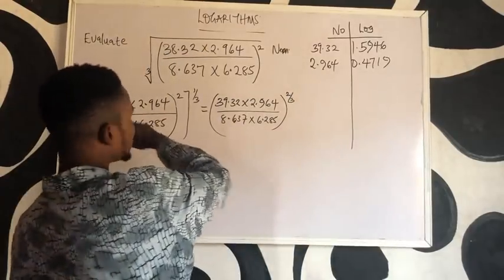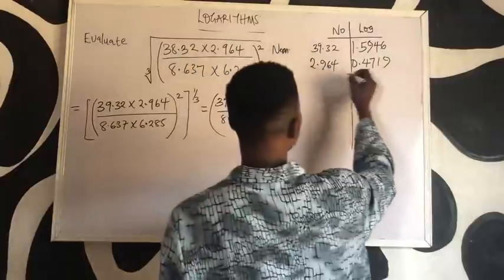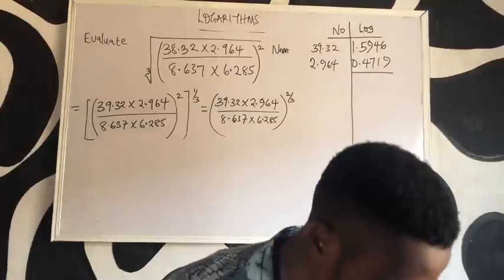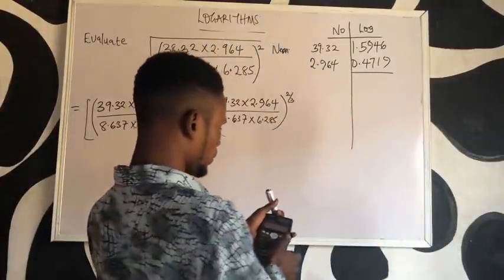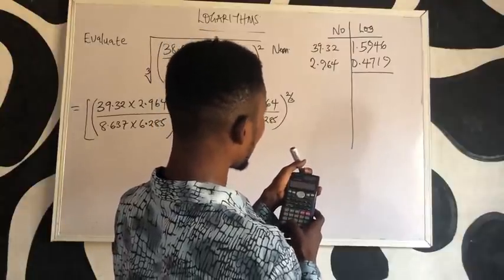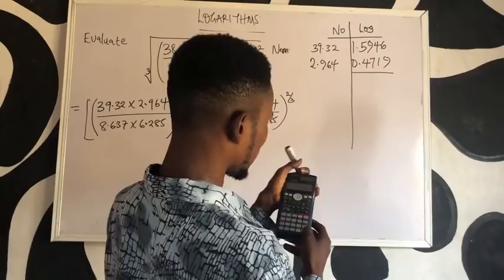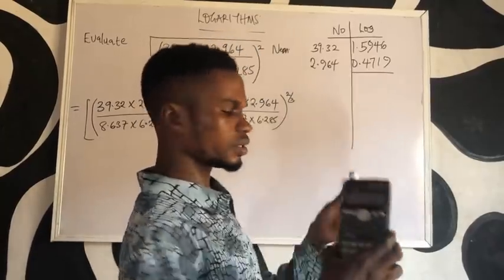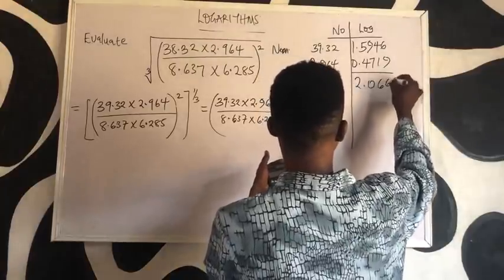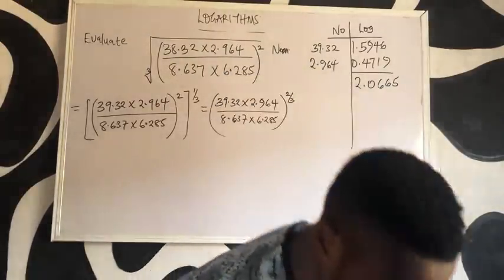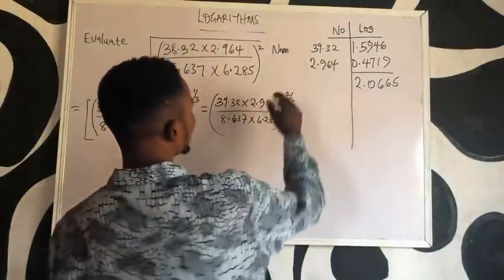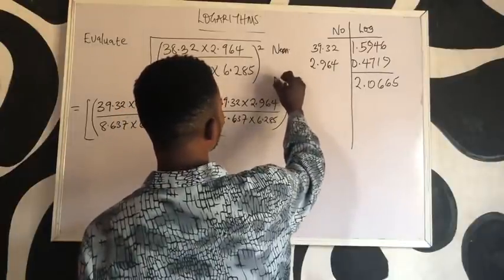A pair of indices, we have to add. So we add these values together: 1.5946 plus 0.5719 is 2.0665. So that's for the numerator.